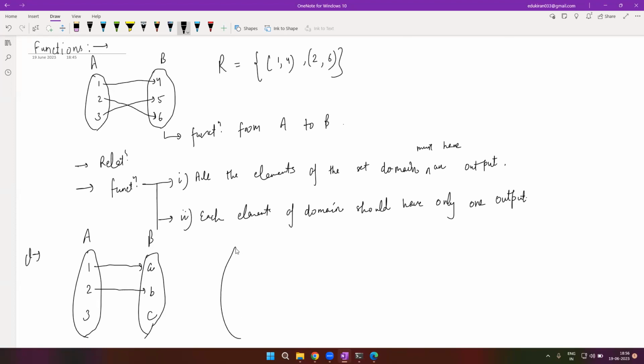So is it a function or a relation? Everything is a relation, right? But you have to check whether that relation can be called a function or not. This is surely a relation. But for a function, it needs to satisfy these two conditions.